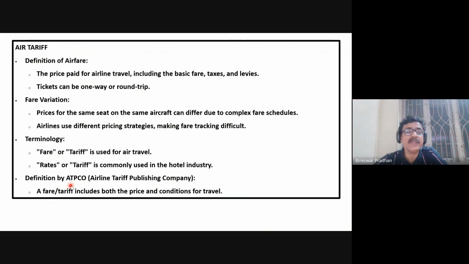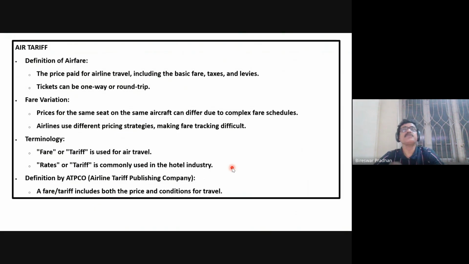A definition by ATPCO, Airline Tariff Publishing Company: a fare or tariff includes both the price and conditions for the travel. This is the tariff.